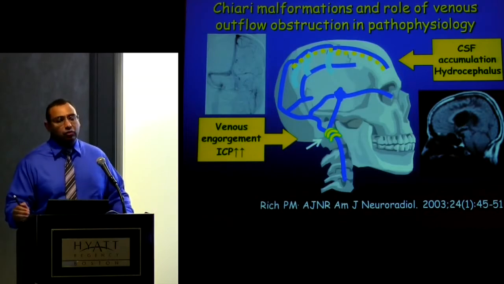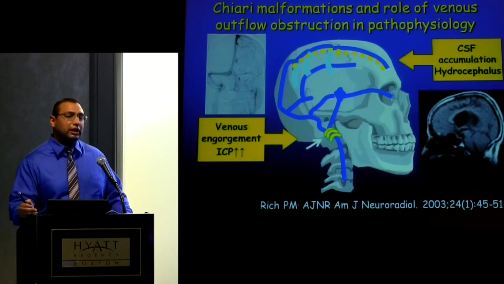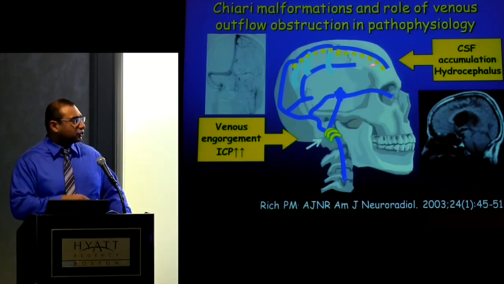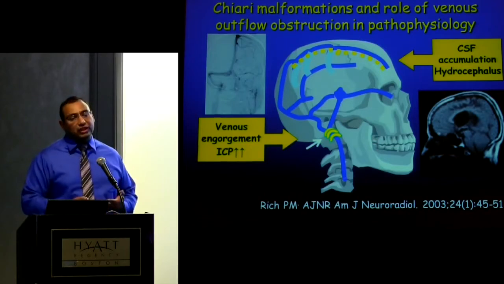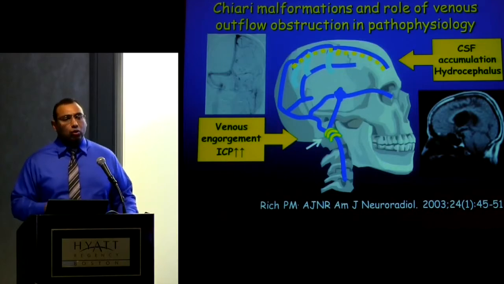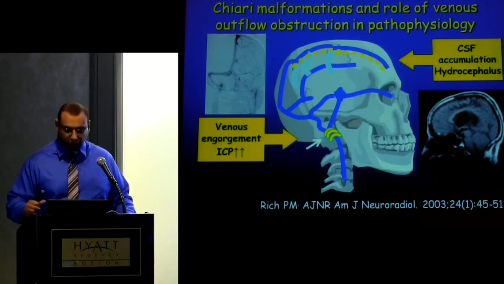And that itself could lead to intracranial hypertension or exacerbation of the intracranial hypertension that one can see with CSF outflow obstruction. And similarly, since the cerebrospinal fluid drains through the arachnoid granulations into the dural venous sinuses, an occlusive disease of the dural venous sinuses could worsen the hydrocephalus that sometimes is associated with Chiari malformations.